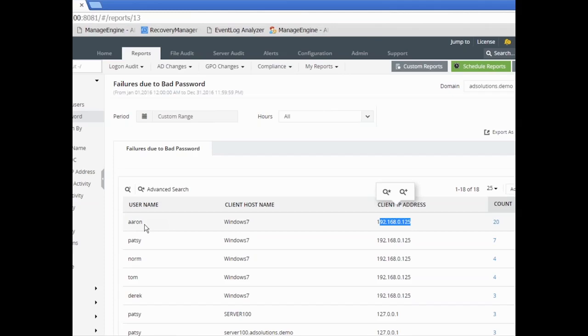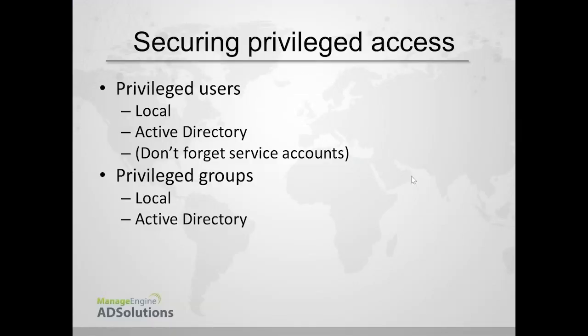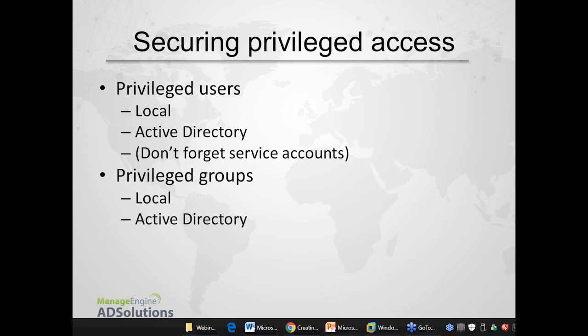That could include administrator, and that could include James Bond. So now we're looking at privileged users, and we're not only securing them, we're tracking them. But we need to do the same thing with our groups, because we need to go in and secure these groups.